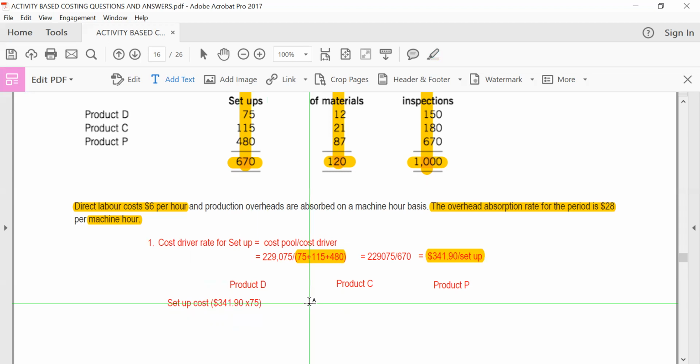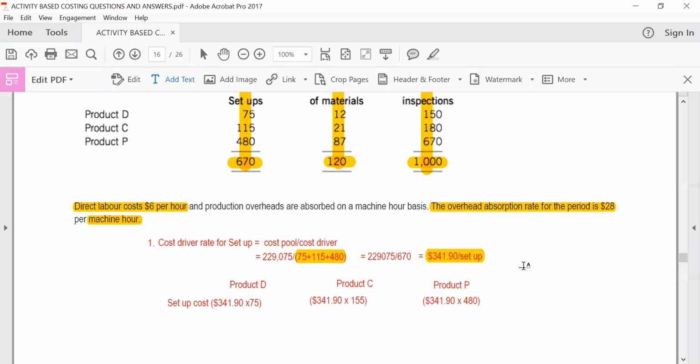In the case of product C, I'll use the meter, 341.90, to multiply 115. So you see, it's the denominator, you got the answer, use the answer to come and multiply back the individual denominators. So in the case of product P, I'll use the meter, 341.90, to come back to multiply 480. That is it. The same way. Easy thing to do.